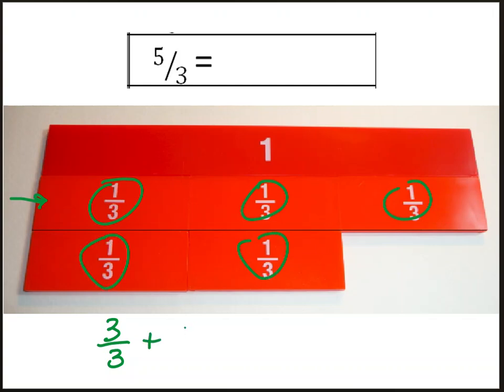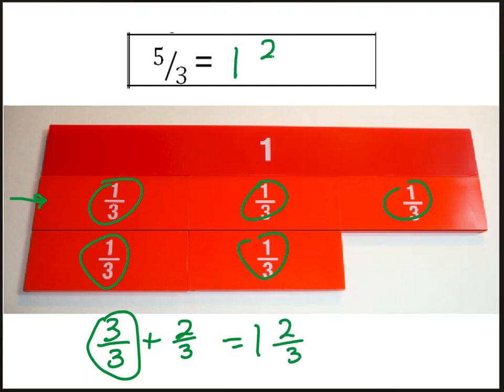So it's really 3 thirds plus 2 thirds. Isn't that true? Well, 3 thirds we know equals a whole, and 2 thirds equals 2 thirds. So that's 1 2/3, right? You get what I'm doing? This was 3/3 plus 2/3 equals 5/3.